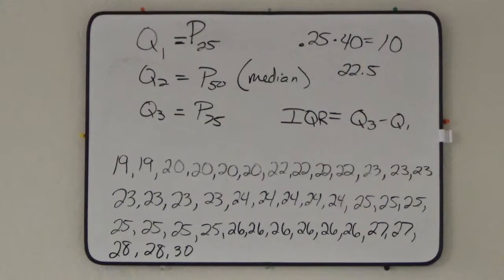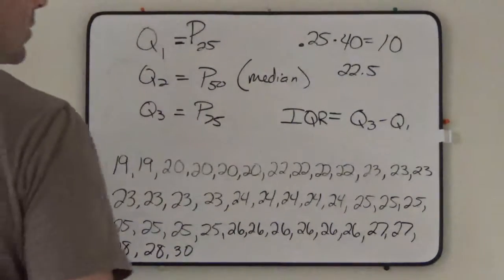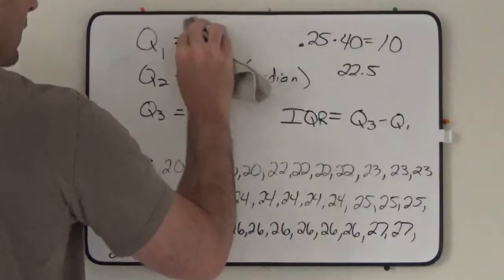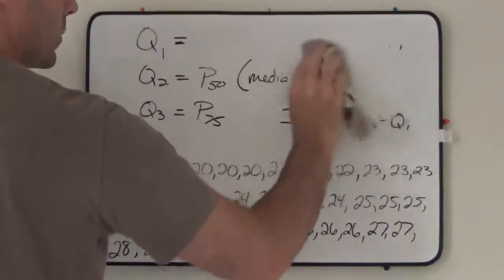So let's go ahead and just finish out finding these quartiles so that we can build a box and whisker plot, which is one of the reasons why we might use this data. It helps, box and whiskers help us identify where the majority of the data is at. And so I'm going to erase what we have here because you guys have it already. Other than quartile 1, I'm just going to put what quartile 1 is.